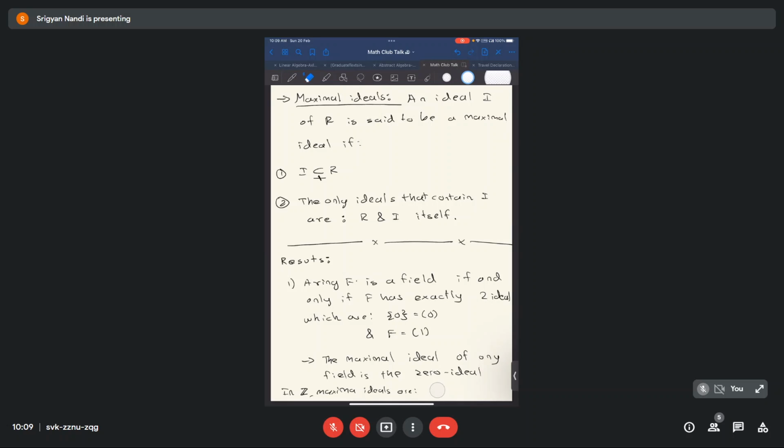They were all of the form pZ, which is equal to all multiples of p: p, minus p, 2p, minus 2p, and so on. And that p has to be a prime. So as you can see here, the ring Z contains multiple maximal ideals, in fact countably many maximal ideals, which are generated by the primes in Z.